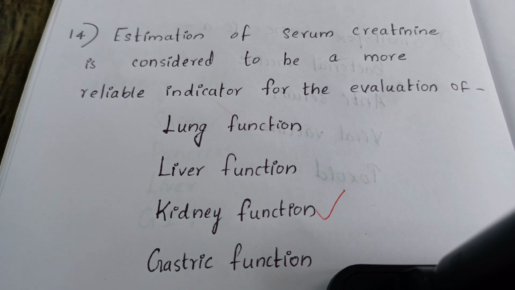So it is used for the evaluation of kidney function. Creatinine is a more reliable indicator of renal function than BUN or blood urea nitrogen because it is less influenced by other factors such as diet and hydration.